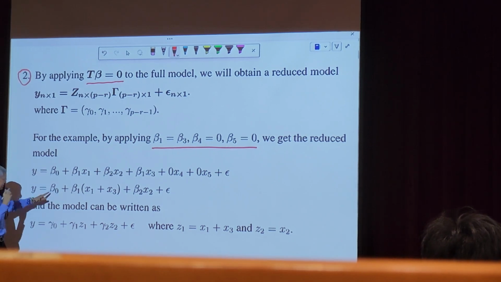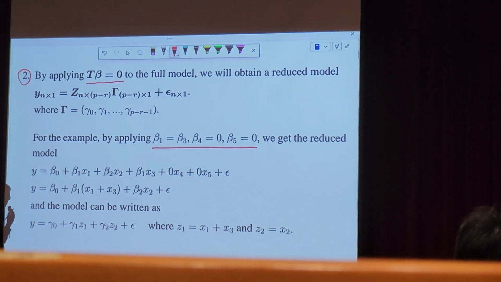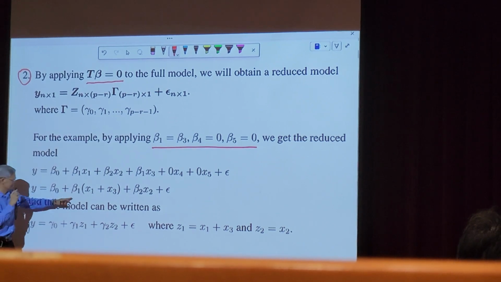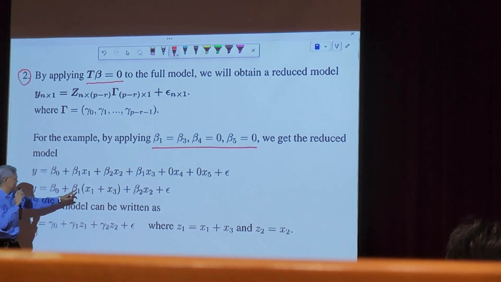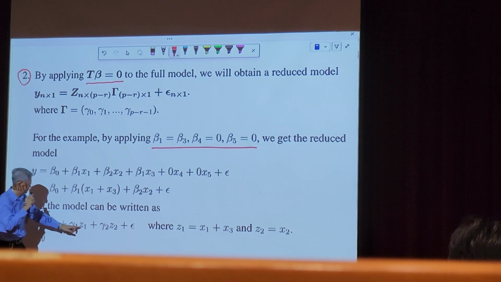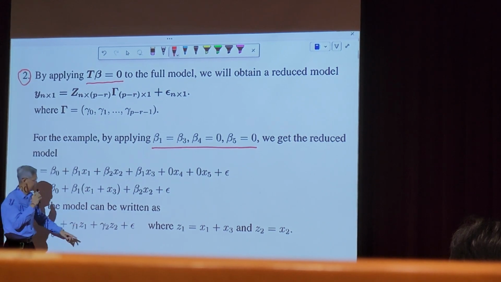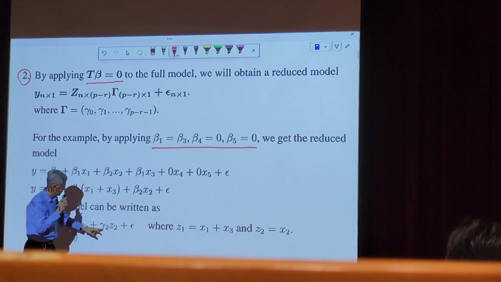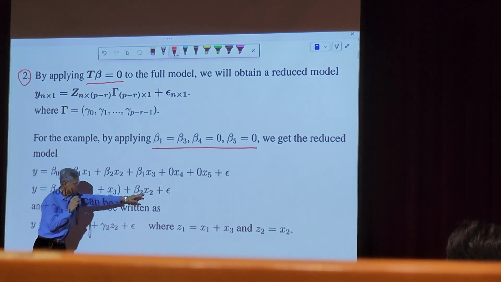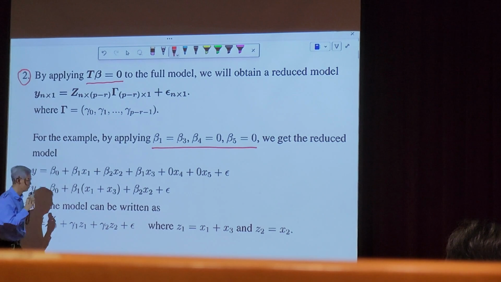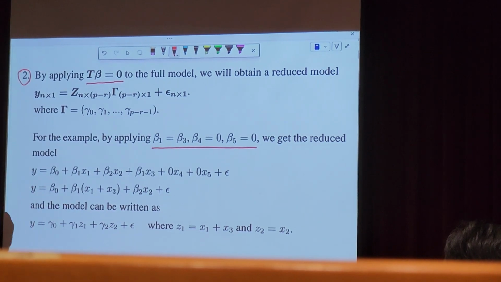So I can call this gamma naught. In fact, these two beta naught are also different. Now, this is gamma 1. x1 plus x3 is z1. Beta 2 is this one. x2 I call it z2, as I have written there.